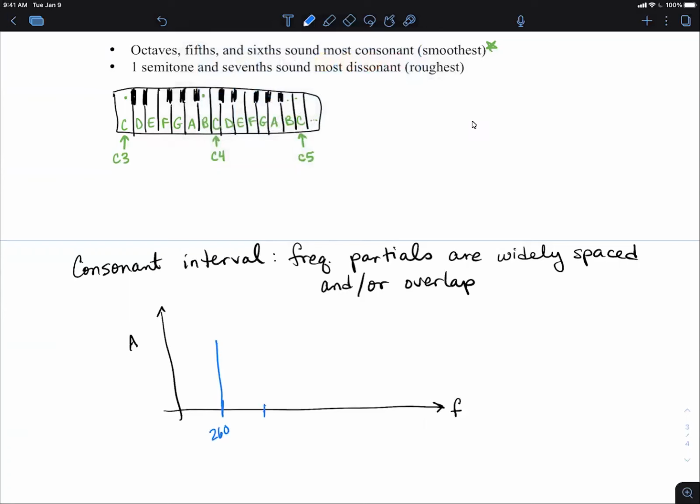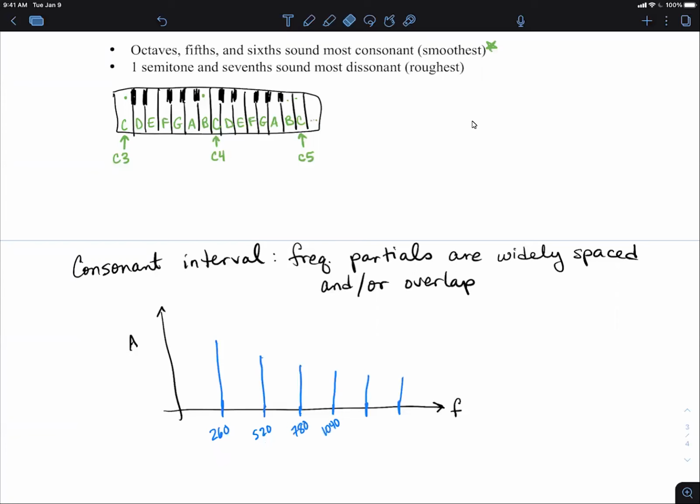Then the second one, thinking of fixed strings or open tubes, would be 520, so F1, 2F1, 3F1, etc. Pretend they're evenly spaced. So that would be 780, and if I add it again, I would get 1040, etc.